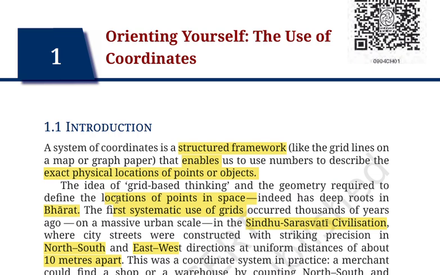Now, if you have to define the location of points in space, what is required? The idea of grid-based thinking and geometry is required, which has deep roots in India.